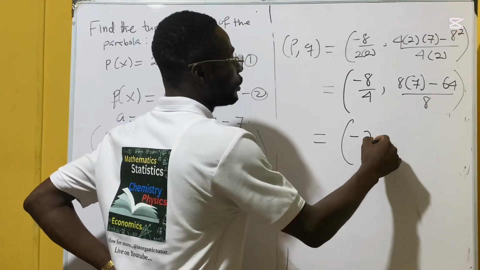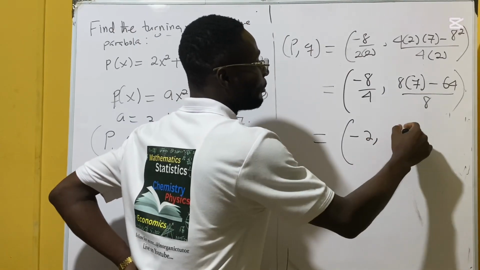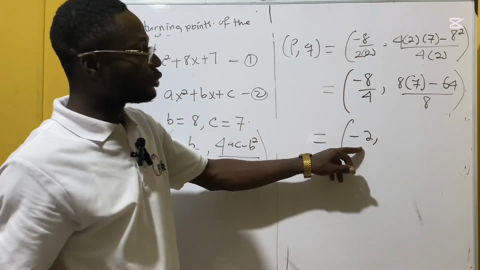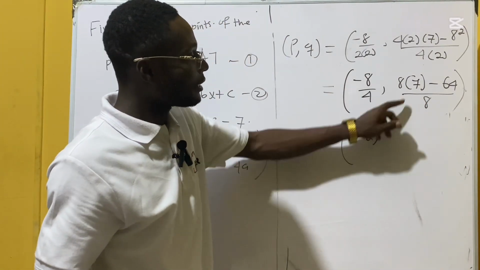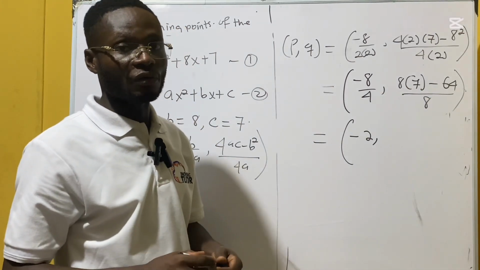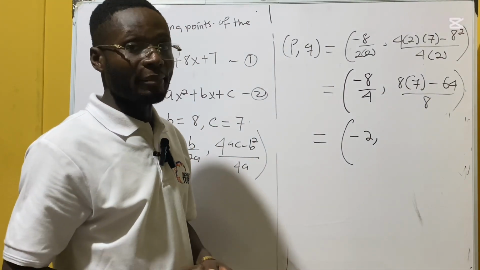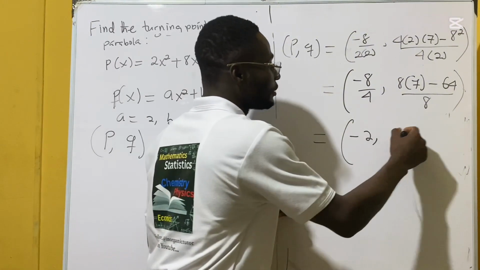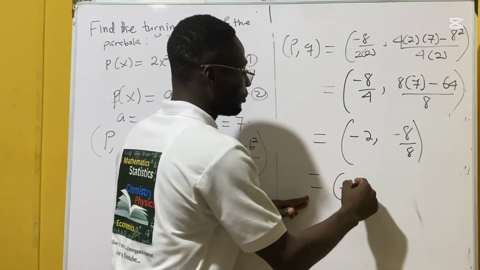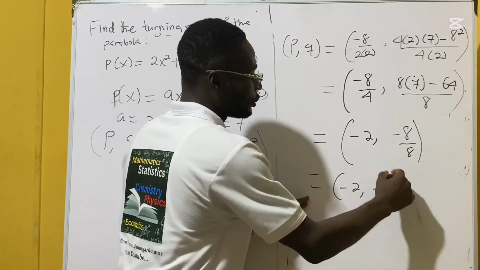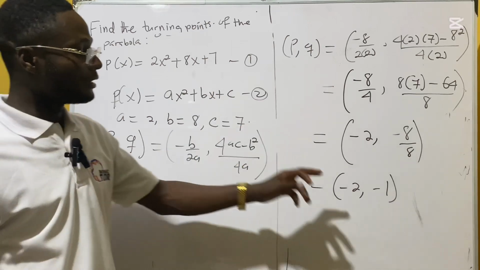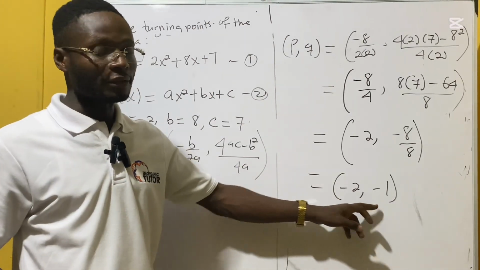So minus 8 over 4 is minus 2, then comma 8 into 7 is 56, minus 64, and that is minus 8. So minus 8 over 8 here will give us minus 1. So minus 2, comma minus 1. So the turning point to this parabola is minus 2 and minus 1.